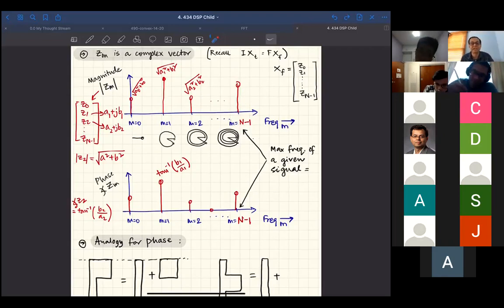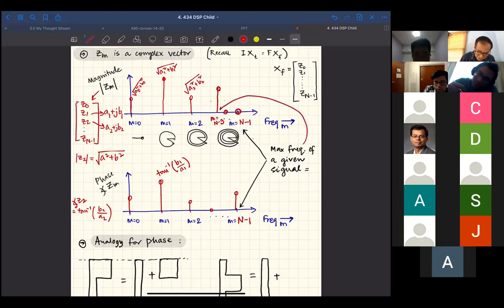That's the max rotation, right? If instead of this, this value at m equals n-1 was 0, maybe the max value was here, which is m equals n-3. Then the max frequency component would be m equals n-3.